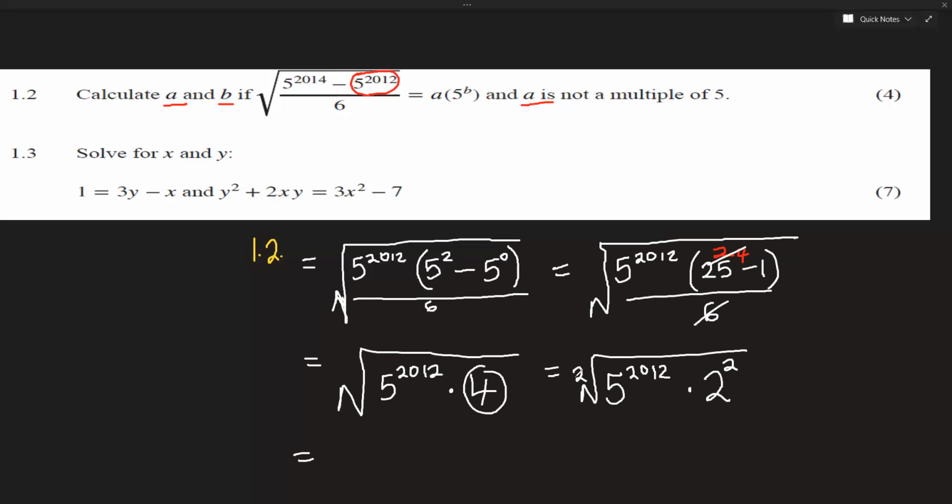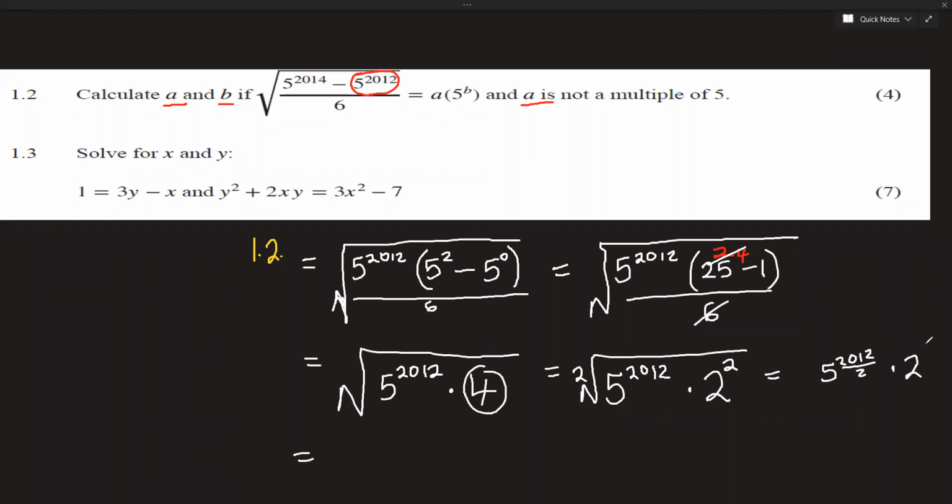And that exponent, I'm also dividing by 2. We can write it here, actually. So we have 5 to the power 2012 divided by the 2. So basically, the square root is going to disappear when we do that, right? So the square root is disappearing.